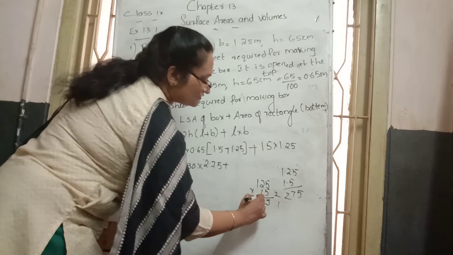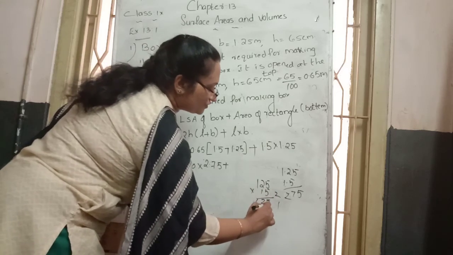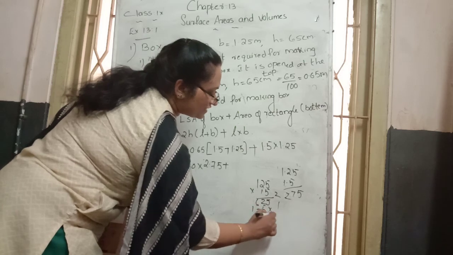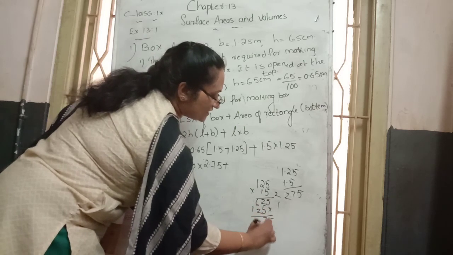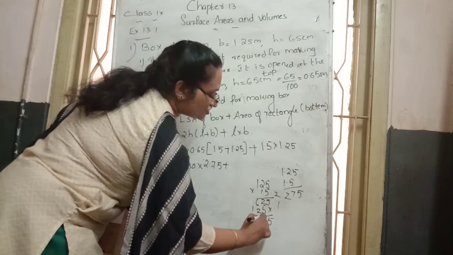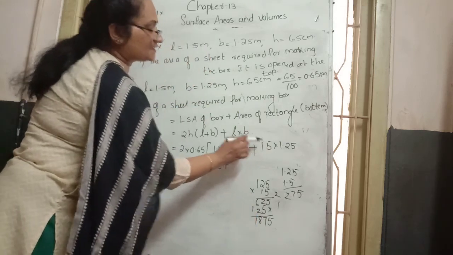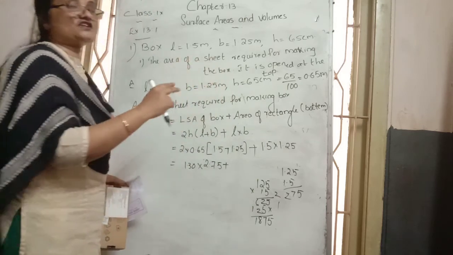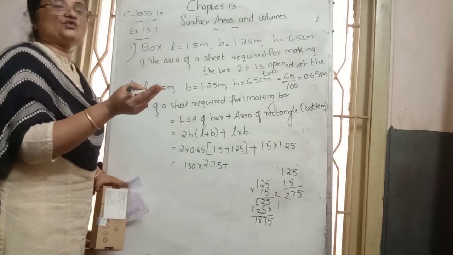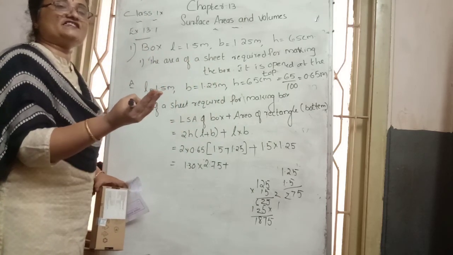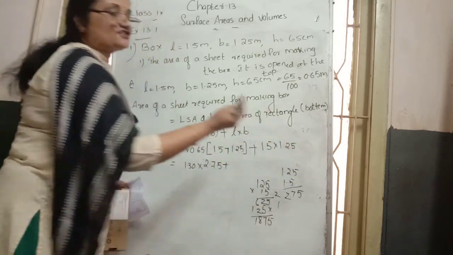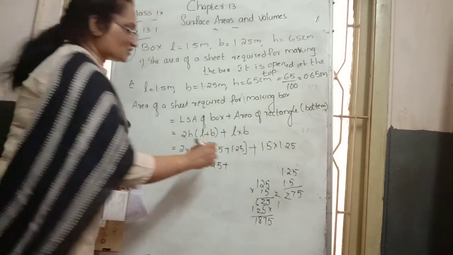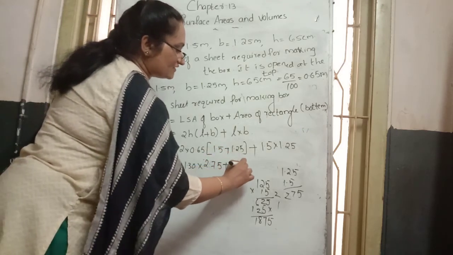Then 5 into 1 is 5, plus 1 is 6. Again 1 into 5, 5; 1 into 2, 2; 1 into 1, 1. 5, 2 plus 5 is 7, 6 plus 2 is 8, 1. Multiplicand has 1 place after decimal point, multiplier has 2 digits after decimal point. So total how many digits? 3 digits. From right to left count 3 places and put a decimal point. So it becomes 1.875.